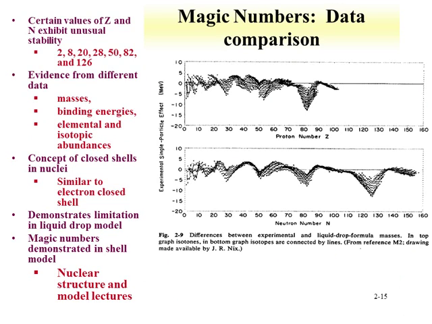The liquid drop model can be used to compare with data and evaluate some trends that are evident in the nucleus. So for instance, here we're going to discuss a comparison of experimental and calculated binding energies, with the calculations done with the liquid drop model.